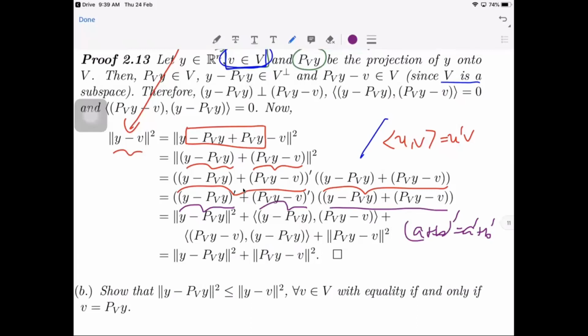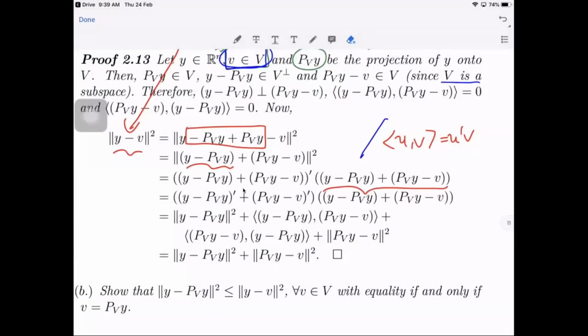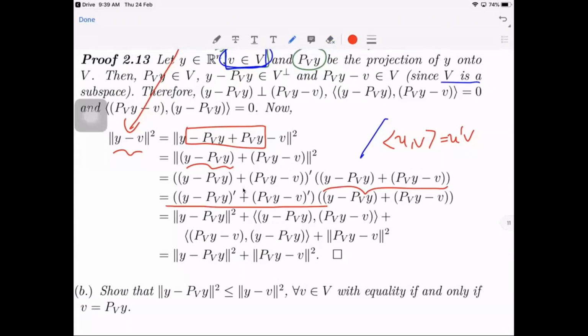And then here, so okay na ta diha. So what happens from here to here? So this is just distributive property.